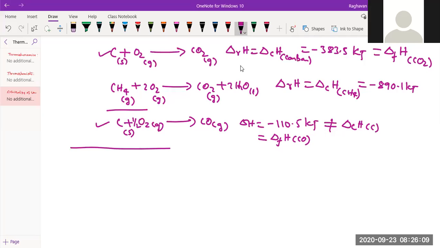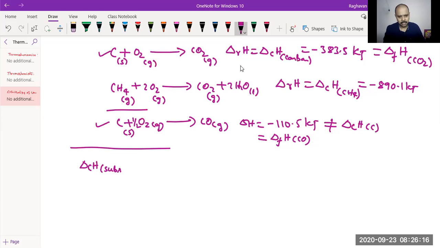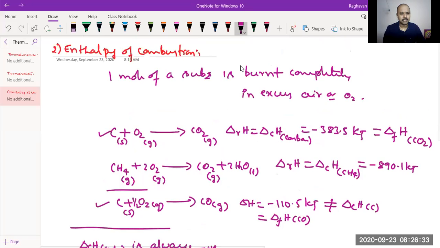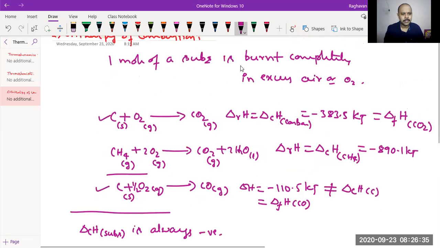So delta H of combustion of a substance is always negative. Heat is always liberated. Burning of a particular substance can never be a heat absorbing process. So this is about enthalpy of combustion. Shall we proceed now?